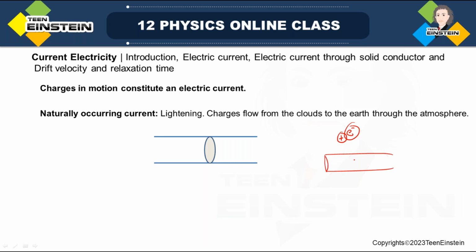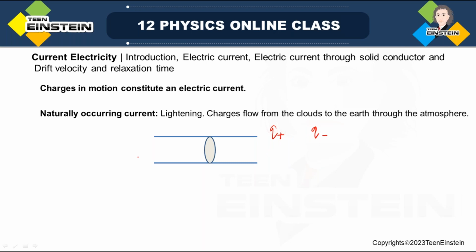If I have a conductor like this, there will be some electrons which can randomly move through the entire bulk of this conductor. So let us just consider that there are positive charges and negative charges.